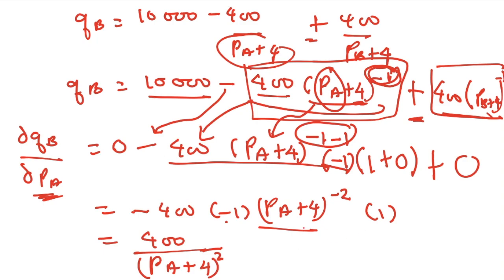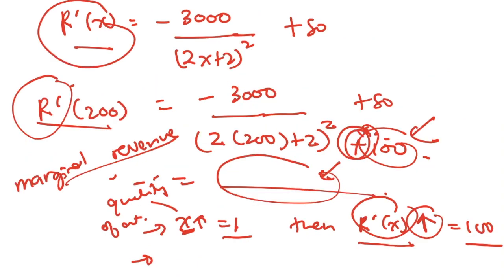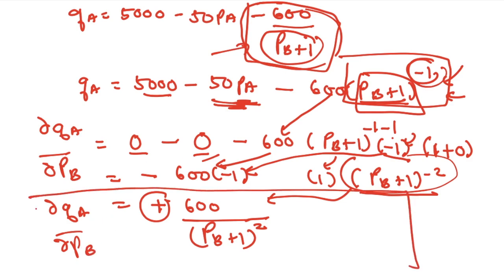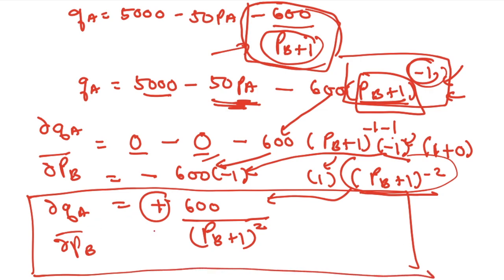1 is 1. Okay, now we have two answers here. The first one is this, delta QA over delta PB. You need to determine the sign of your answer or derivative so that you know the relationship between A and B. You see the plus here, you see positive here, isn't it?